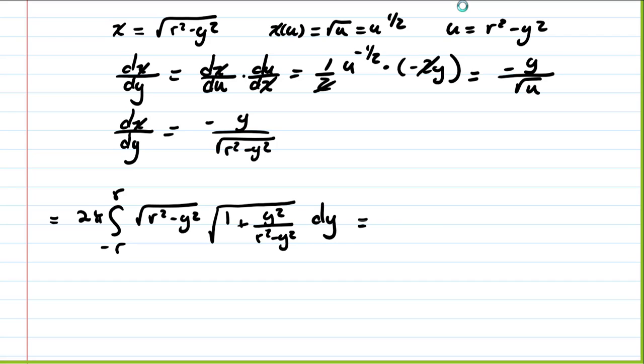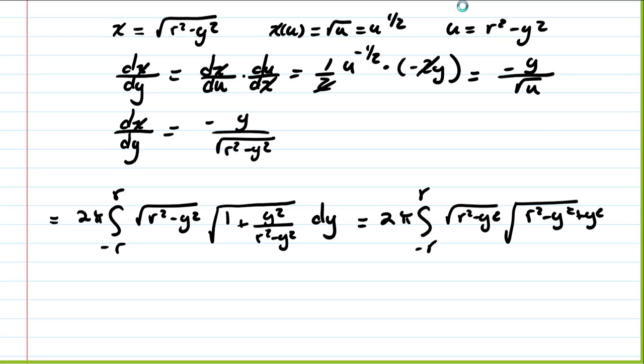Getting our common denominator, we get r squared minus y squared plus y squared all over r squared minus y squared dy.